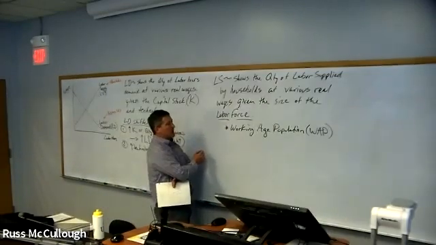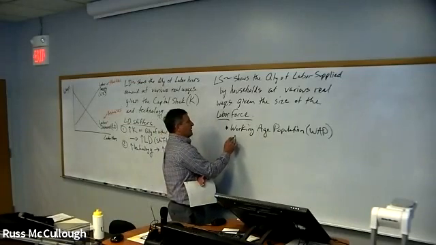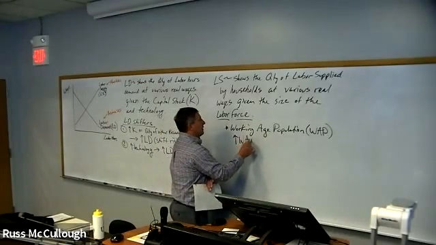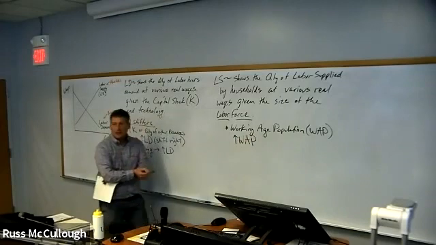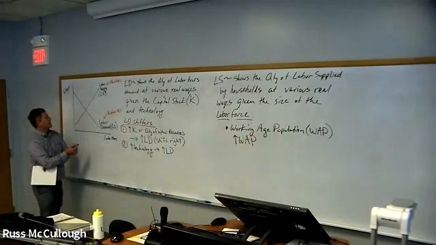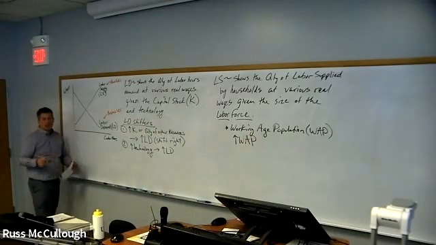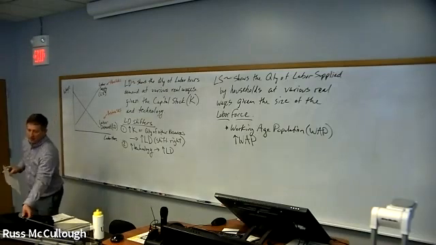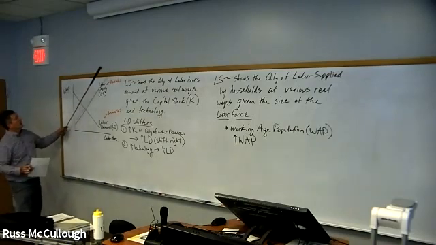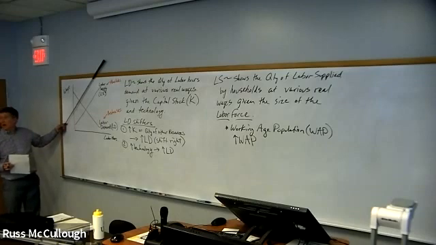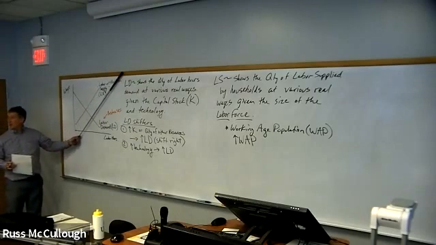So if there's an increase in the WAP, if the working age population increases, what happens to the supply curve? Shifts up. So do you think it would go up or to the right?